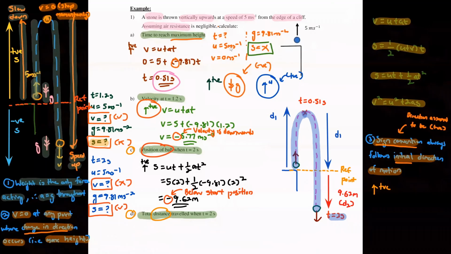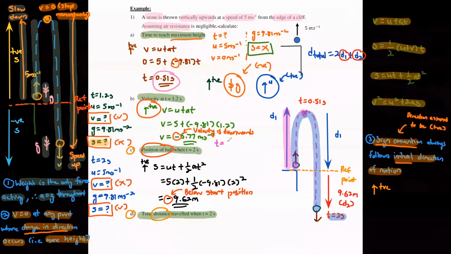From here, we can see that our total distance is going to be 2 times D1 plus D2. D2 is already something that we know. D1 is the only one that is missing. So if we want to find out D1, we will apply kinematics equation for the motion of the object from the starting position towards the maximum height. But before we can do that, we need to first find out all the relevant variables.